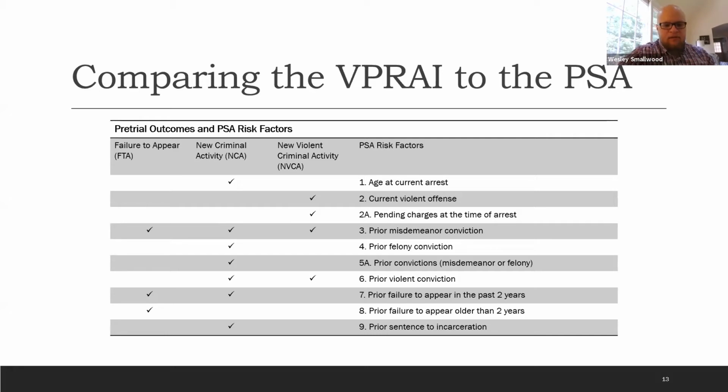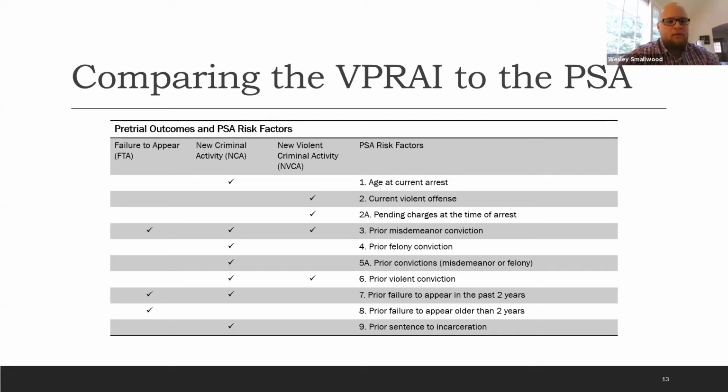There are definitely some similarities in there. There are some that we do not measure. For one that sticks out to me, I don't recall that we currently measure how old someone was at the age that they first were a risk factor, as well as how many years ago the FTAs were.